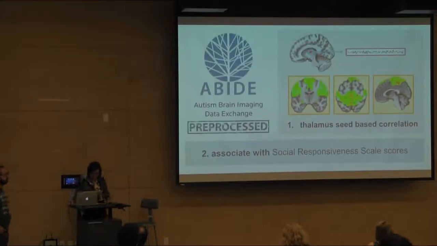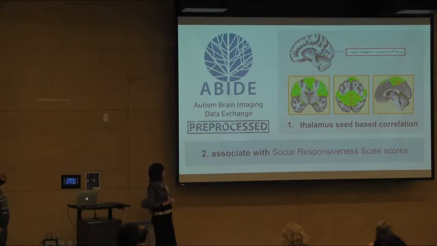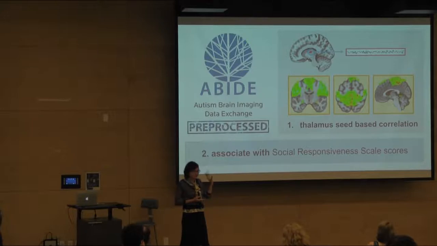Okay, so we did some interactive data visualizations, and we did two sort of different things. But this is the data we used for both of them. It's from the ABIDE preprocessed data set, and basically we did a seed-based correlation with the thalamus. This was something I did for another project. This data, by the way, has both autism and typically developing individuals.